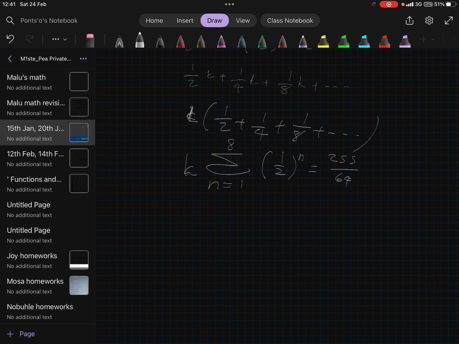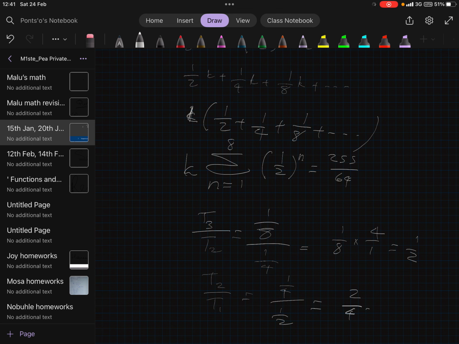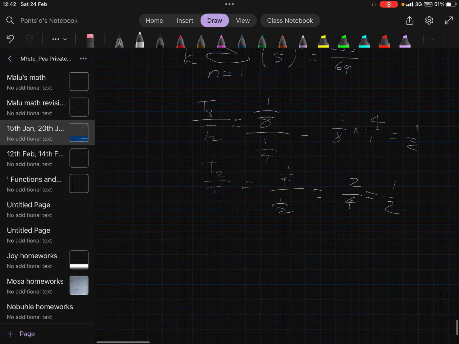The constant ratio is found by dividing T3 by T2, which is 1 over 8 over 1 over 4, which is 1 over 8 times 4, which is a half. We can do that similarly with T2 and T1: 1 over 4 over 1 over 2, which is 2 over 4, which is a half.